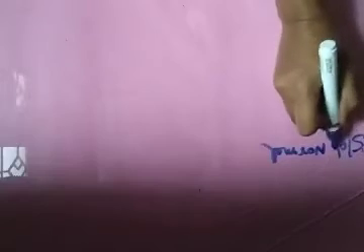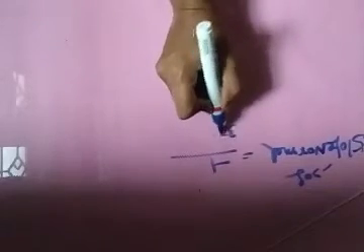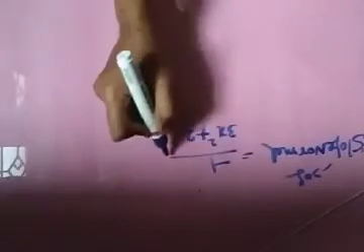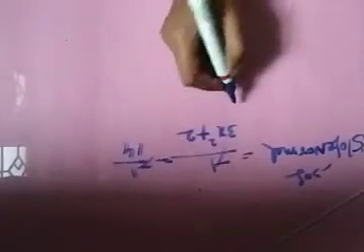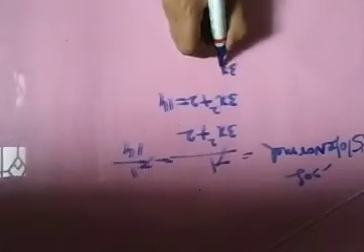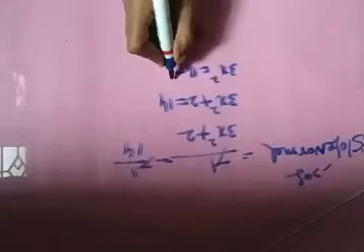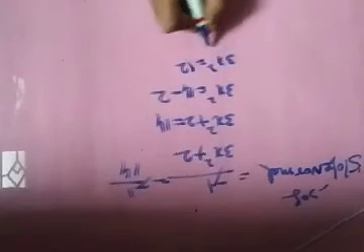Slope of normal is equal to minus 1 by 3x square plus 2 is equal to minus 1 by 14. Minus minus gets cancelled. It becomes 3x square plus 2 is equal to 14. So 3x square is equal to 14 minus 2. So 3x square is equal to 12.